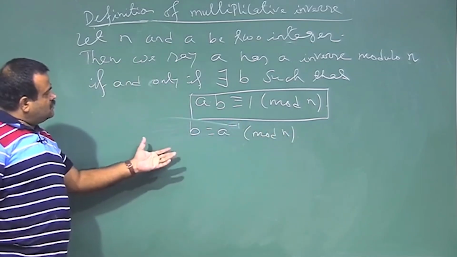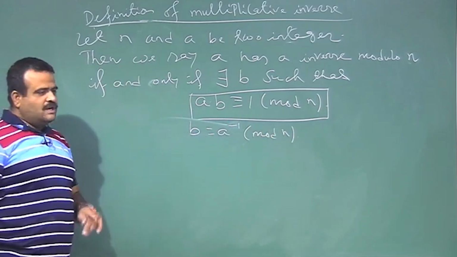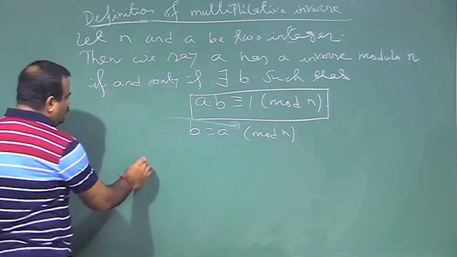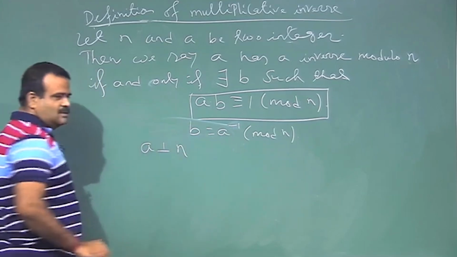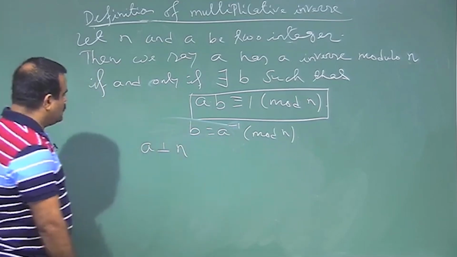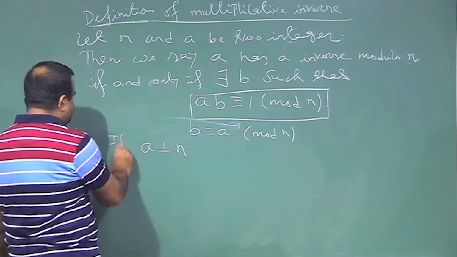And we will see that if A is co-prime with n, then only the inverse exists. We will prove this in a theorem, and vice versa.